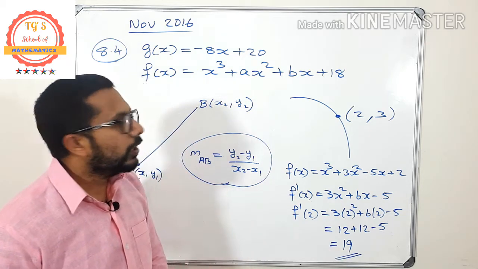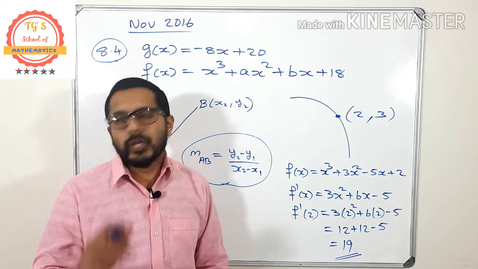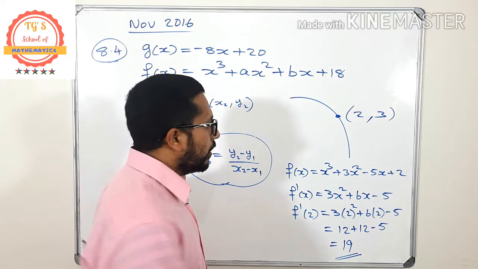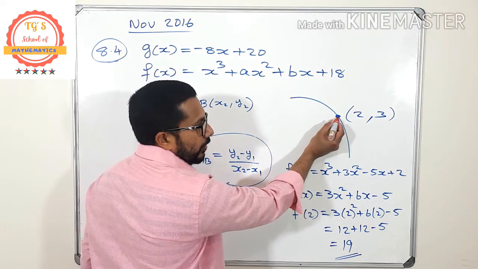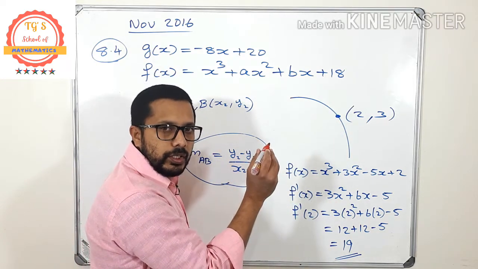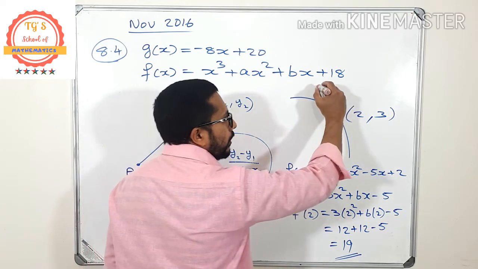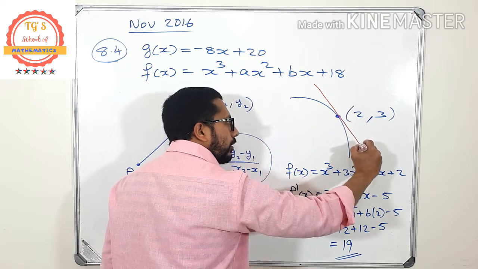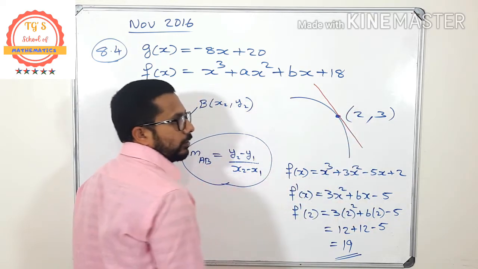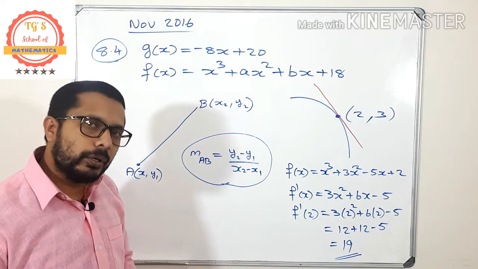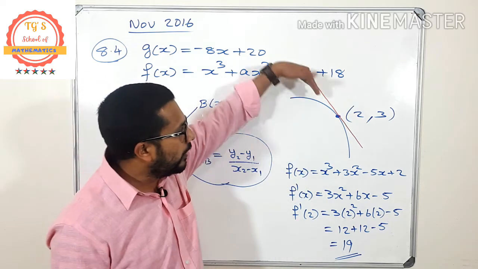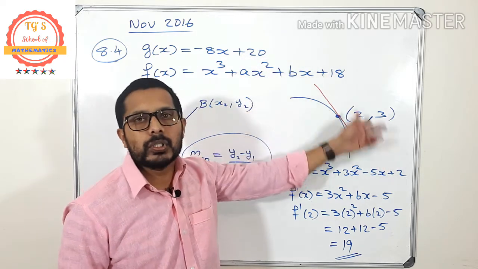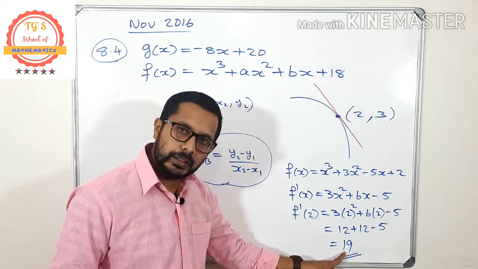Along with that one, you have to understand one thing. I am going to draw a tangent passing through this point. This is a tangent. You know, a tangent is a straight line passing through this point. And you have to understand that the gradient of this tangent, this straight line, is also the same as this gradient.